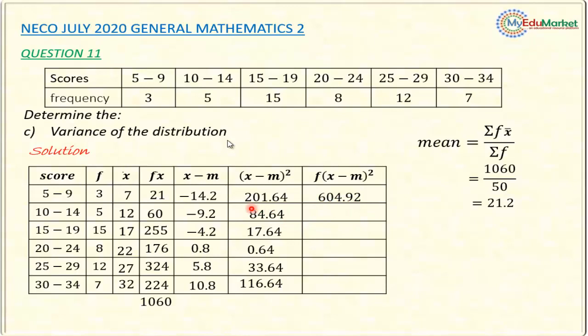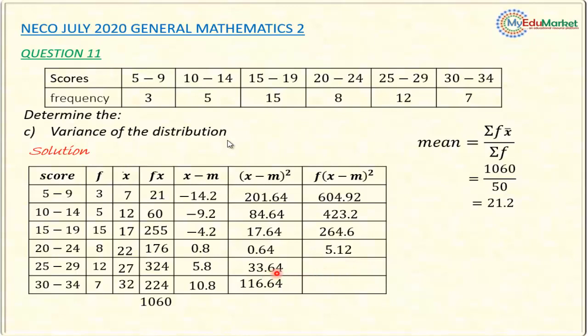Next will be this 84.64 multiplied by the corresponding frequency 5. The result is going to be 423.2. Next is 17.64 multiplied by 15, which is going to be 264.6. Next 0.64 multiplied by 8, the corresponding frequency, that gives 5.12.